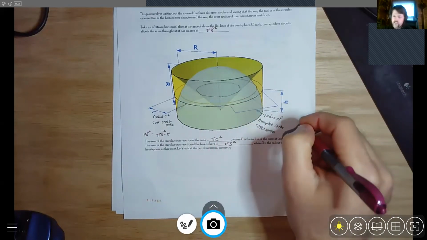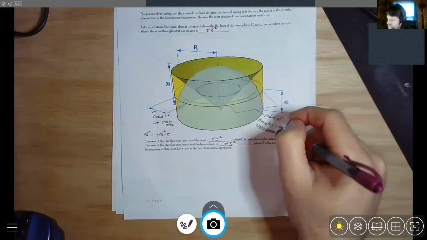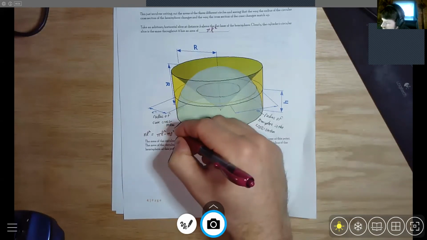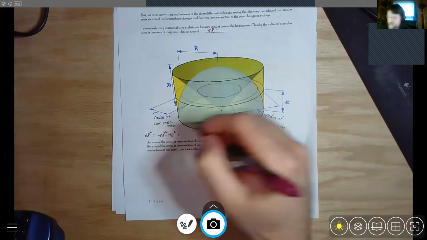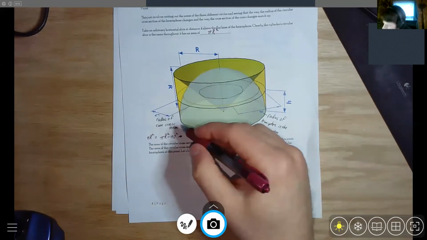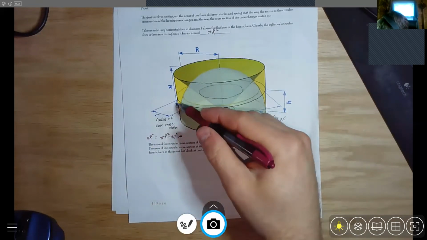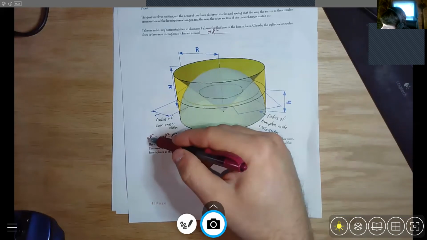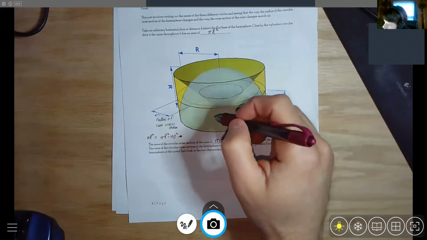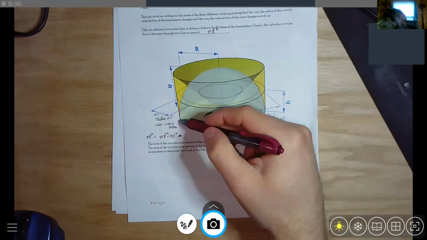It has no area, right? It's the very tip of the cone. So that would be pi 0 squared. So does pi r squared equal pi r squared? Yes, indeed it does. And then we could go through every cross-sectional piece and we would show that this is true.